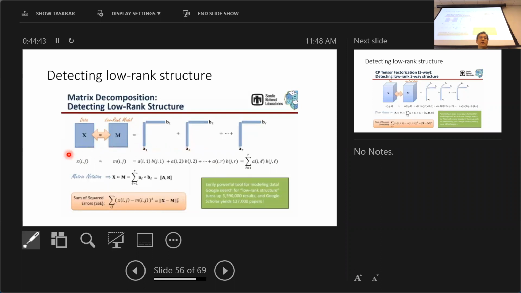And in the matrix decomposition, we know we can use the top vectors. For example, this 1, 2, 3, use the top R vectors to reconstruct or approximate the original data. For the purpose of denoising, for example, we only use the informative components to reconstruct and to get a clean data reconstructed.